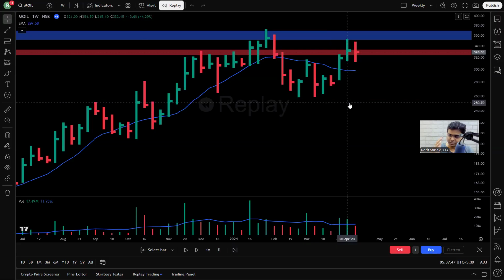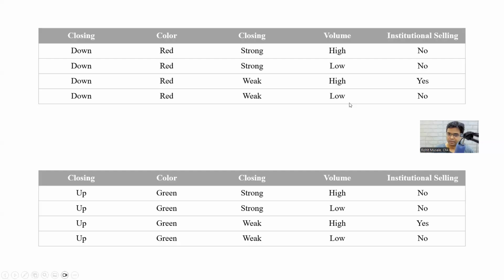So this discussion is extremely important. If you understand this table, your problem will be solved. You will be able to know which base is a high quality base, which base is a poor quality base, even if you're trading the daily time frame chart.